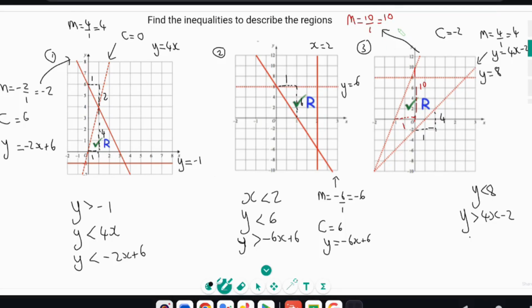Your y-intercept is 10. So the equation is y is equal to 10x plus 10. Region is below the line, so y is less than 10x plus 10.